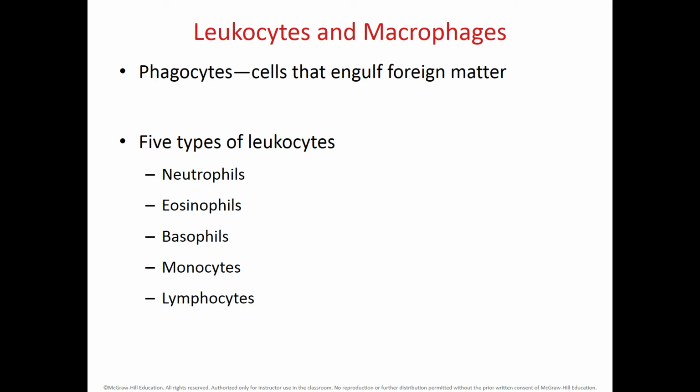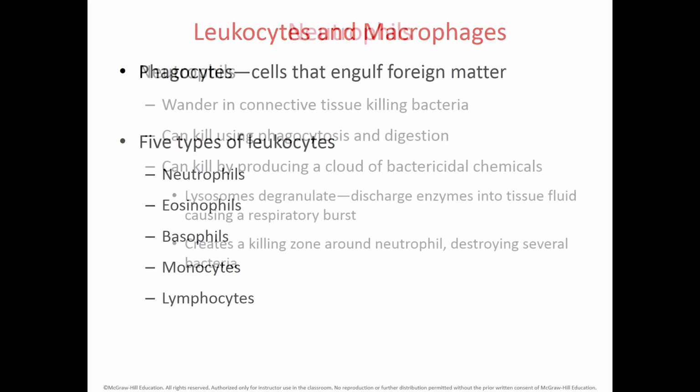So we have the neutrophils, eosinophils, basophils that are part of these microphages. Monocytes, they will become macrophages, and lymphocytes are not macrophages, or not microphages. Lymphocytes, they don't eat, but the neutrophils, eosinophils, and basophils, they do.